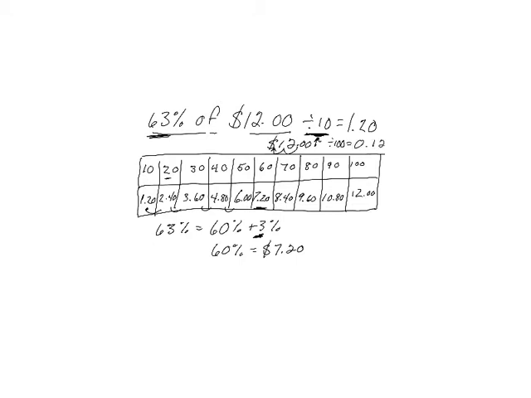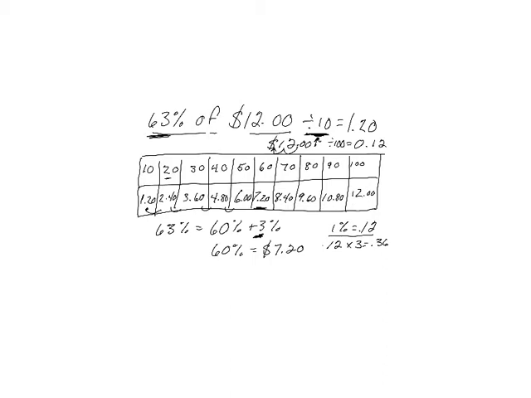So now we're talking about 12 cents. Okay, so that means that 1% of $12 is 12 cents. Okay, so now if we know that, all we need to do now is multiply the 12 by 3. Okay, 12 cents times 3 is going to give me what? 36 cents.